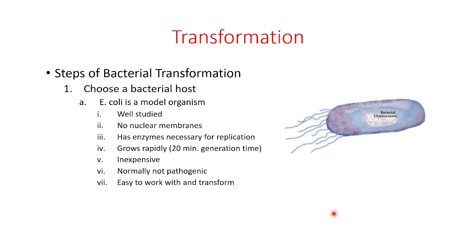It has the necessary enzymes which are required for your replication. It grows rapidly, that is, 20 minutes is its generation time. It is also inexpensive, normally not pathogenic, and easy to work with and undergo transformation. So these are the few factors which make E. coli the perfect candidate for your model organism to undergo your bacterial transformation.